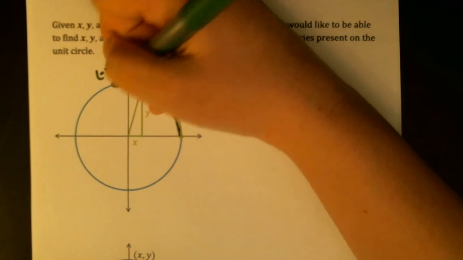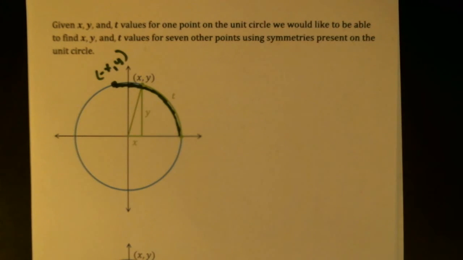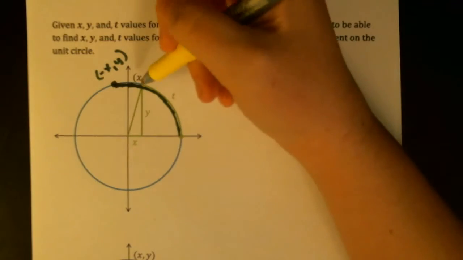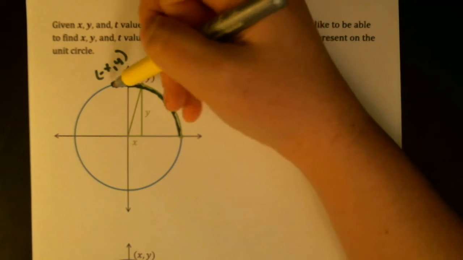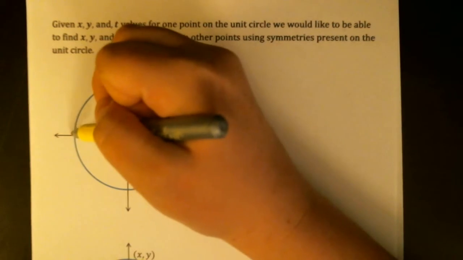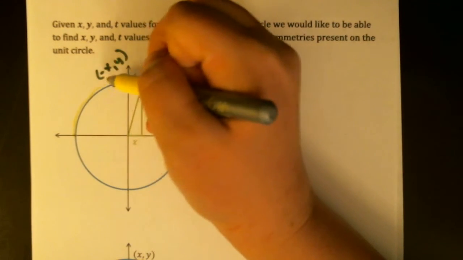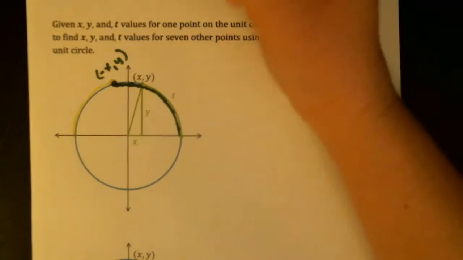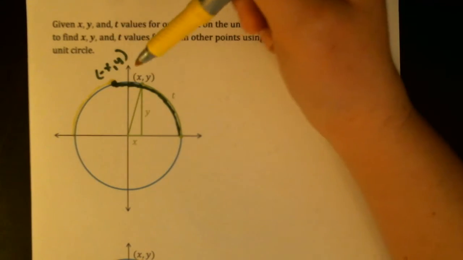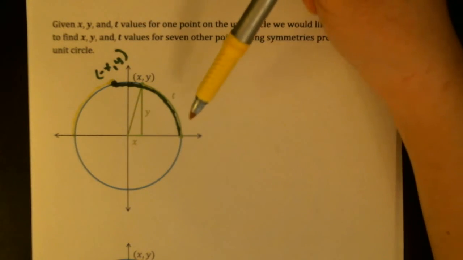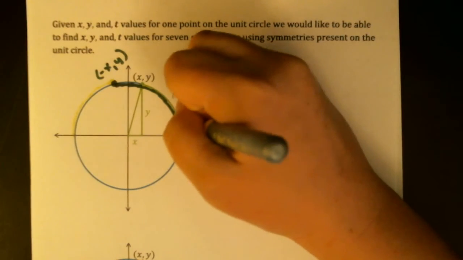And what I would say is it should be related to the t that you started with. So if I flip across the y-axis, which is what I'm doing, symmetry across the y-axis, this t lands right here and should end at our point. So this is length t, but remember, when we're talking about our t values, we always want them to start over here at 1, 0.